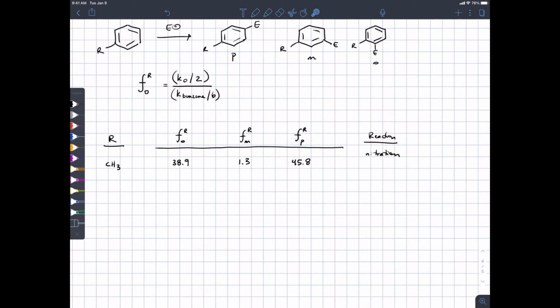By the way, could you rationalize why it's faster at para than at ortho? I mean, not by a huge amount, but by a little. Sterics, right? Yeah, probably sterics. Depending on what kind of donating group, I guess you could argue electronics as well, because the inductive donor effect should go away a little bit the further away you get from the ring. Okay.